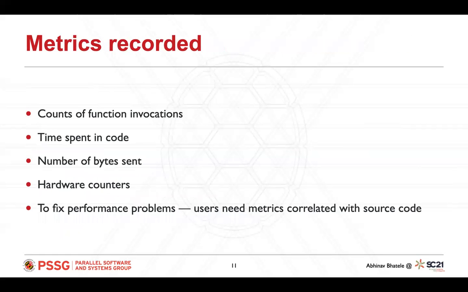Tools will often record a variety of metrics, for example, counts and times of function invocations, time spent in different regions or functions in the code, number of messages and bytes sent, if we are looking at communication performance, and different hardware counters, whether they're on node or network counters, etc. When we try to understand performance, we want the tools to correlate such metrics to the source code. And we'll talk about how some tools can help us do that.